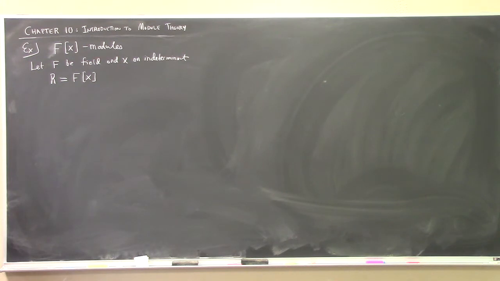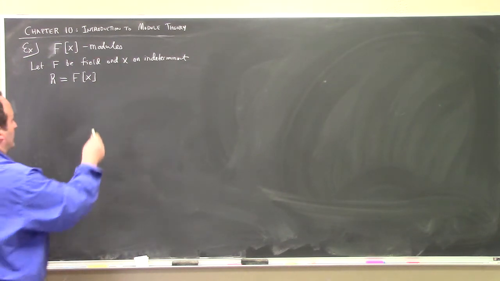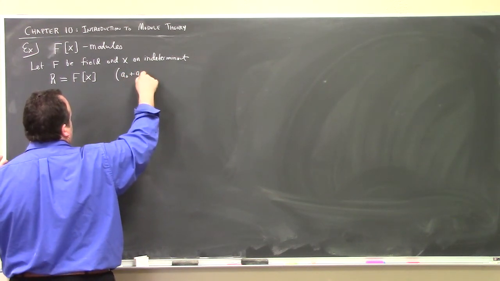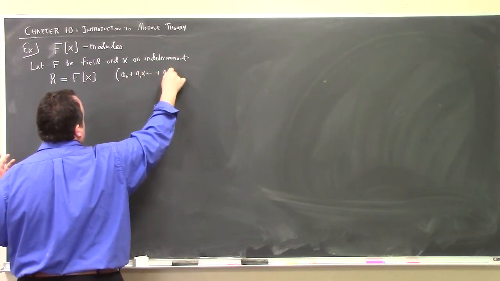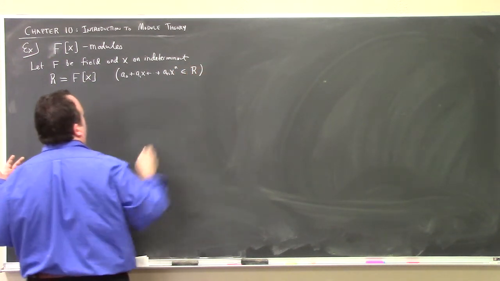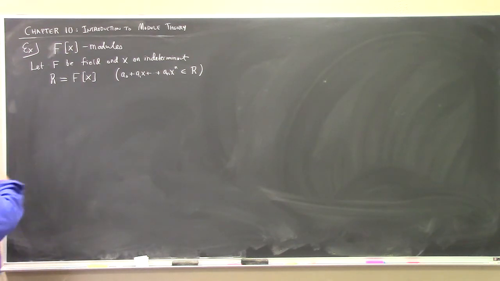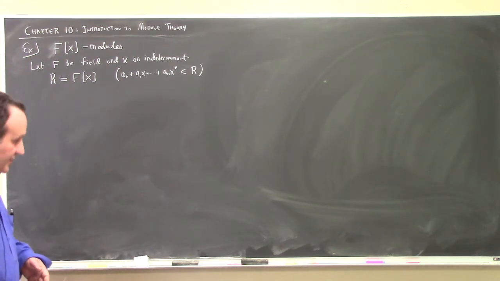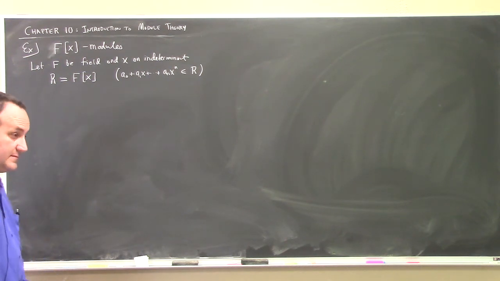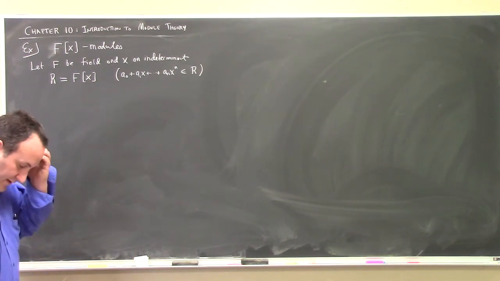So what does that mean? A typical element of R is what? Like a0 plus a1x plus ... plus an x to the n is an element of R. Every element of R has finitely many non-zero terms. You can't have infinitely many. But there's also no top on the order of n. n can go as high as you want. So R is an infinite ring, even if F is a finite field. All right.